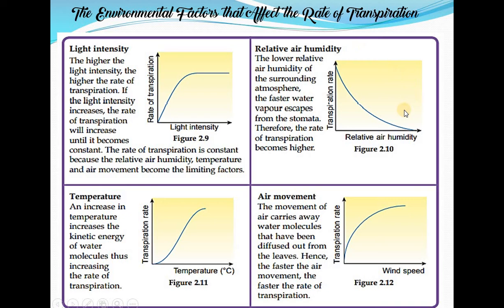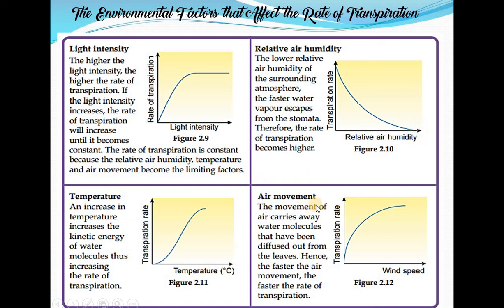But on this graph, what is the relation? The higher the relative air humidity, the lower the rate of transpiration. Why? Because the slower the water vapor escapes from the stomata.